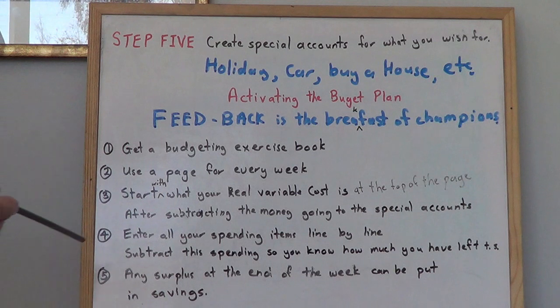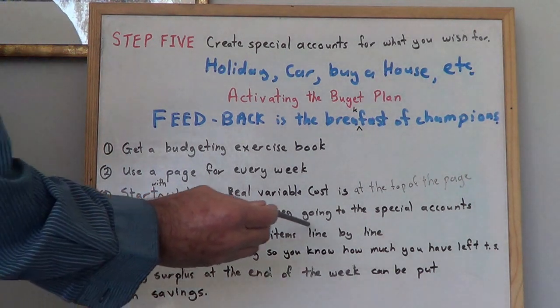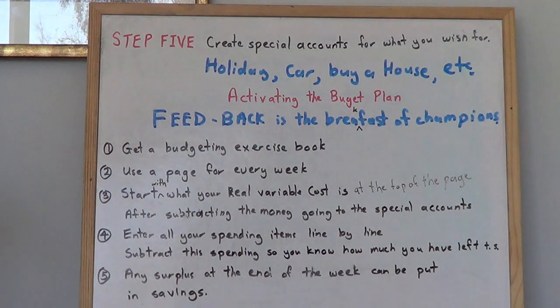Right? You enter all your spending items line by line. So you get receipts for everything. The person who's doing the budget gets all the receipts and works them through.